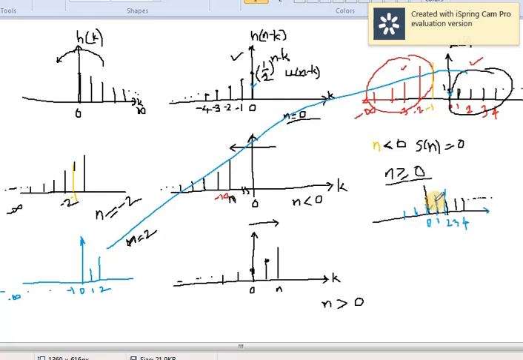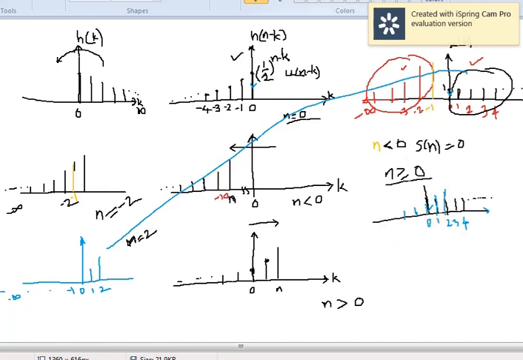So k starts from 0. Before 0, x of k does not exist, so we can't have the multiplication happening before 0.